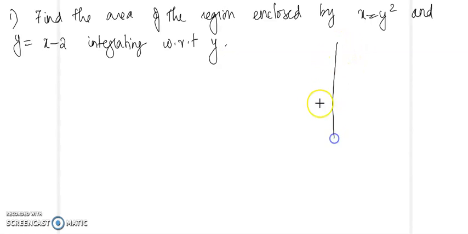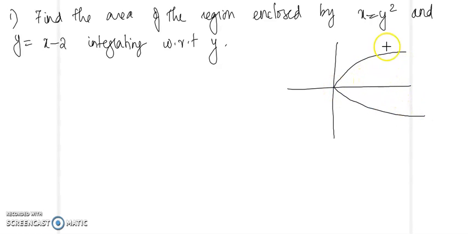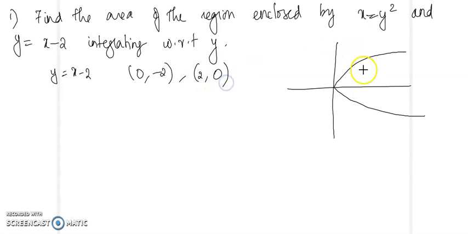So the graph will be, this is y square equal to x. Now y equal to x minus 2. It will pass through the point where, when x is 0, the y value will be minus 2, and when y is 0, x will be equal to 2.